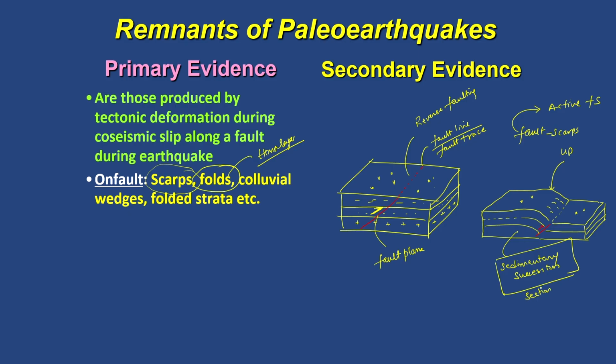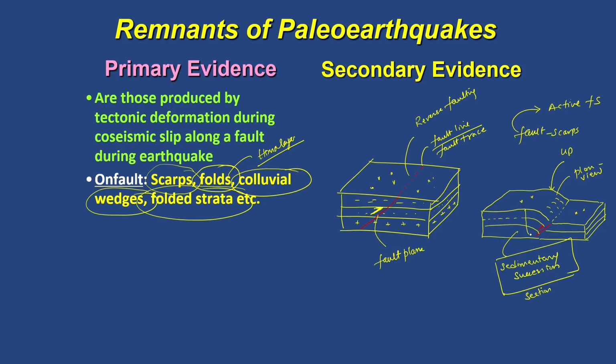And this is your plan view. There you will see colluvium wedges, folded strata. For this you need to have sections. Without a section you will not be able to observe this information on fault of paleo earthquakes. So, you need to see a section like this.